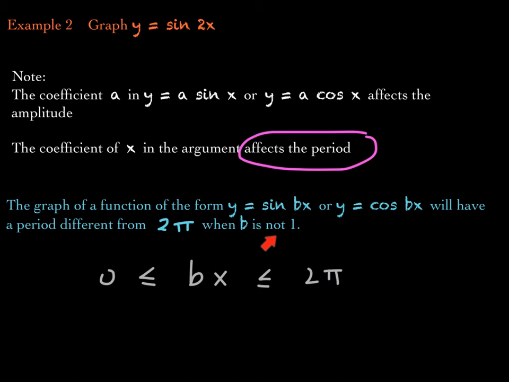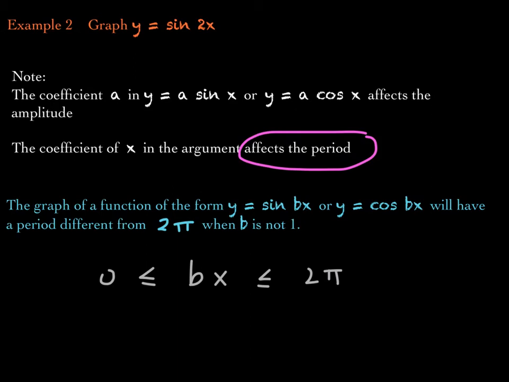Remember, the values of sine of bx or cosine of bx will take on all possible values as bx ranges from 0 to 2 pi. We saw that in the most basic sine and cosine graphs, right? So you get all of your possible values as you let your argument run from 0 to 2 pi.